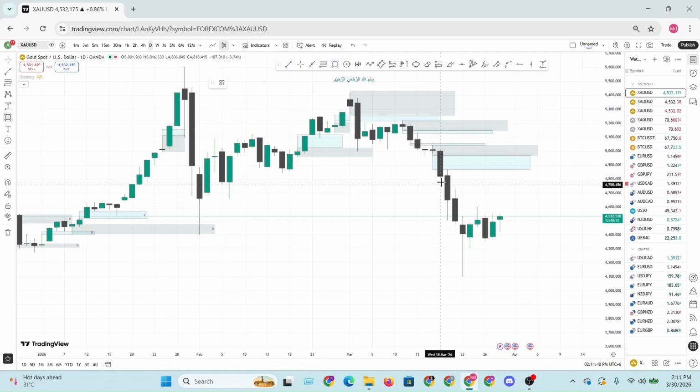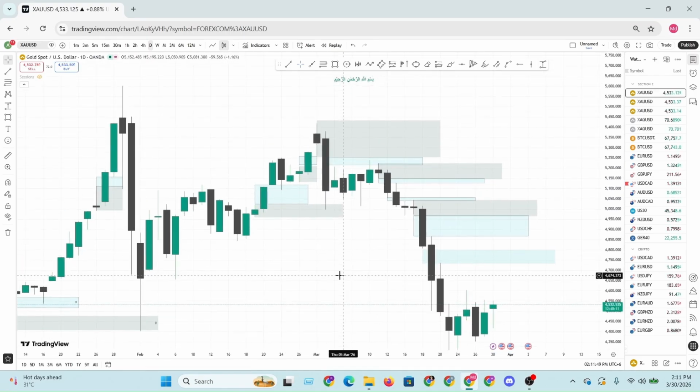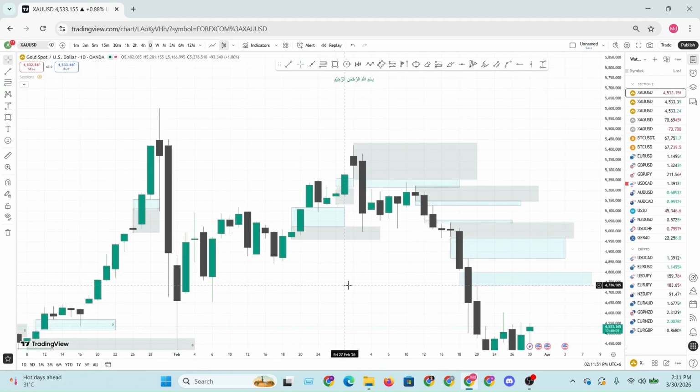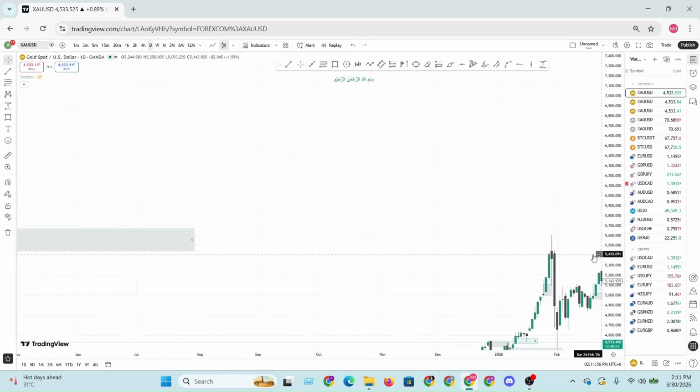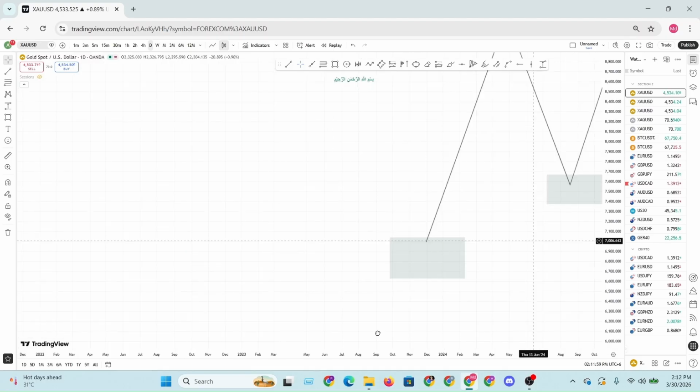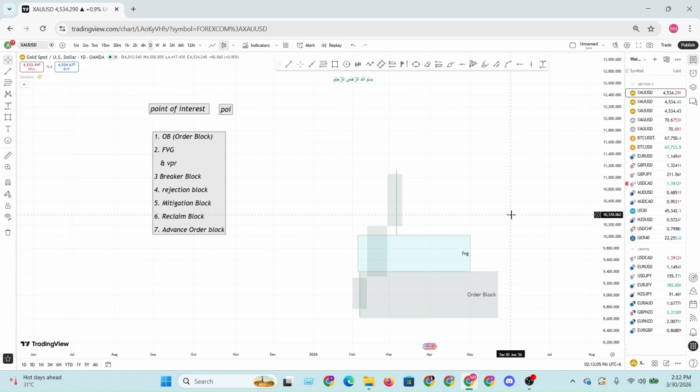Market will eventually come to this level, this is the averages. So now I think you are clear about what is FVG and what is order block. This behavior I will explain in the next video. In this video I will just explain these three POIs.